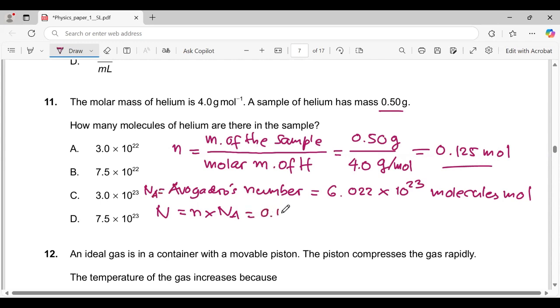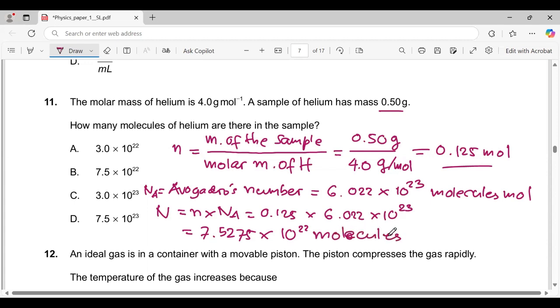So 0.125 times 6.022 times 10 to the power 23, and the result is 7.5275 times 10 to the power 22 molecules. And the result is this one, B.